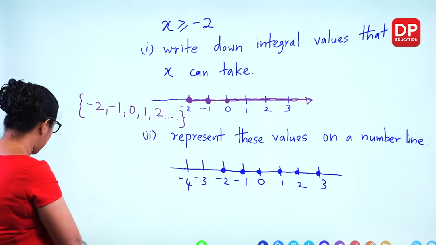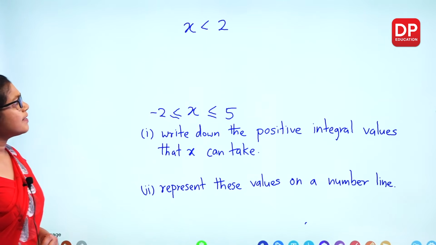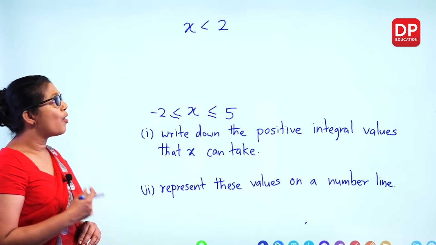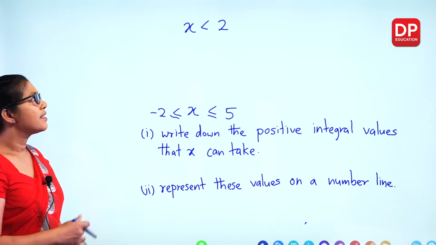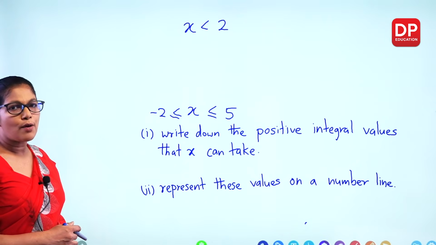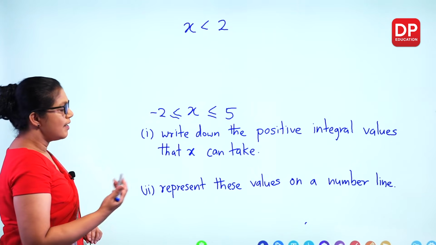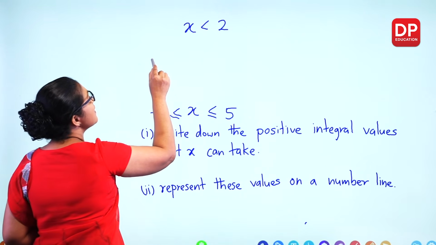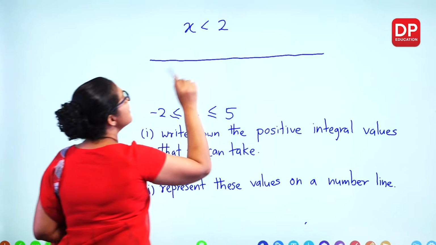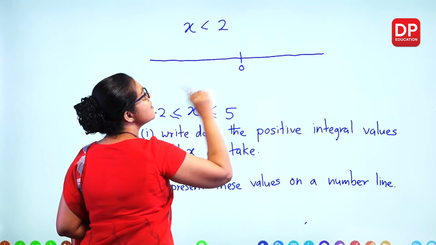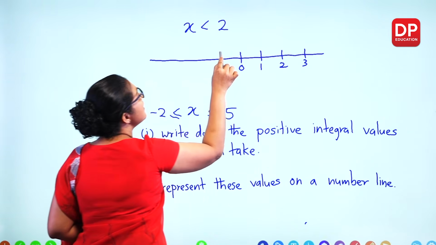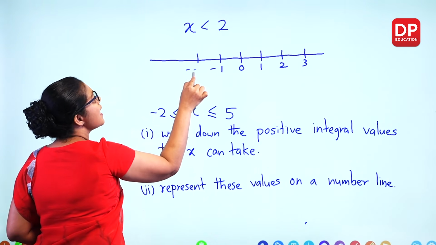Now we'll take this one, x is less than 2. So here also they want the integral values satisfying this inequality. So here first we'll draw the number line and see. When you take the number line, start with 0, positive numbers towards the right side, negative numbers towards the left side.